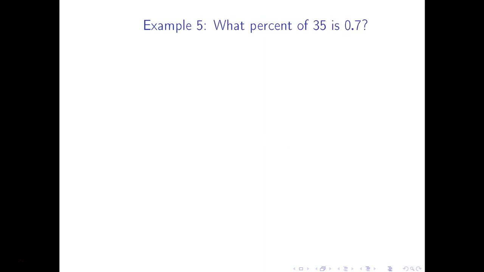All right, let me try this one. What percent of 35 is 0.7? So just starting with is over of, how can you finish solving this? Go ahead and pause the video and find that percent. Okay, well the 0.7 is only touching is, so it gets the top, and 35 is touching the of, which is why it goes on the bottom.